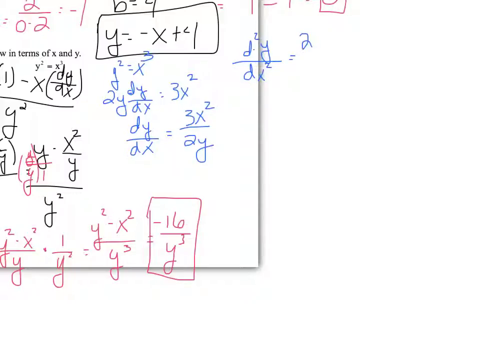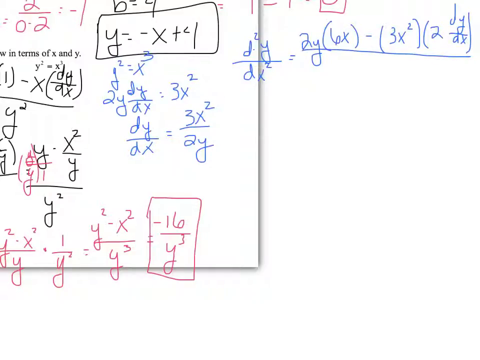So denominator times the derivative of the numerator, 2y times 6x, minus numerator, 3x squared, times the derivative of the denominator, 2 dy dx, all over denominator squared, so 2y squared. 2y times 6x is 12xy, minus 3x squared times 2 dy dx is equal to 6x squared.